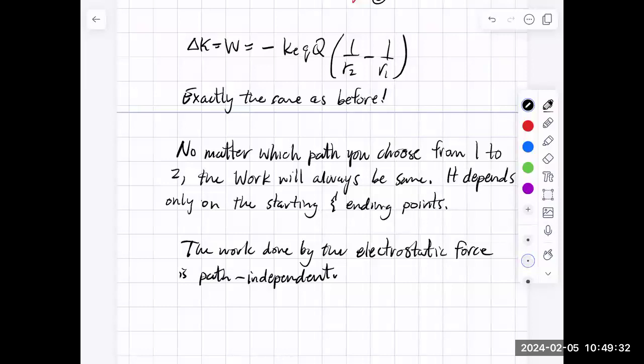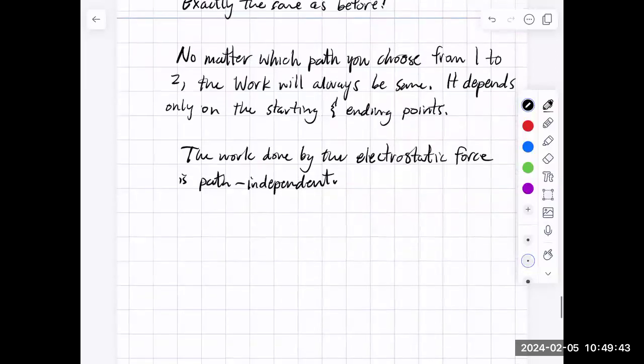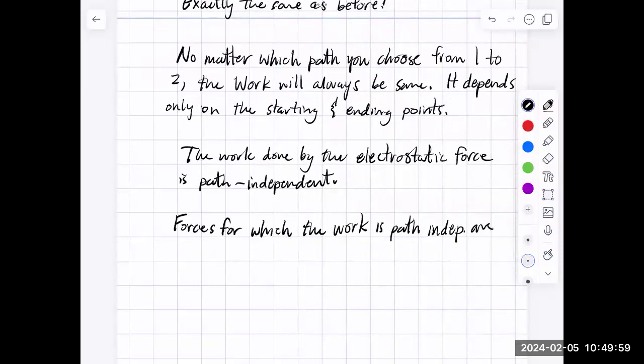And so if the path is longer, I have more heat generated, more kinetic energy taken out of my system. Okay, and so that's the difference between conservative and non-conservative forces. So forces for which the work is path independent are called conservative forces.